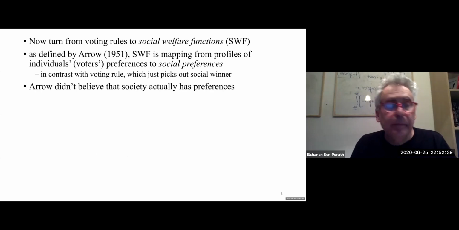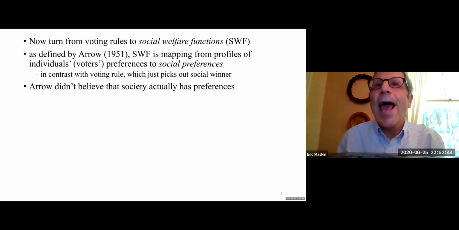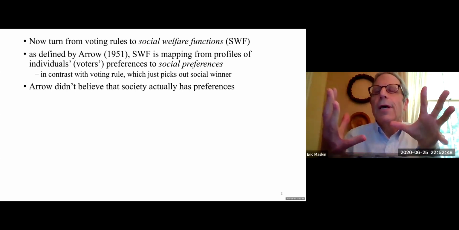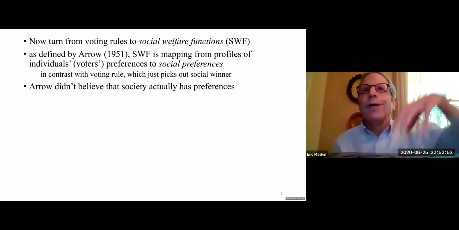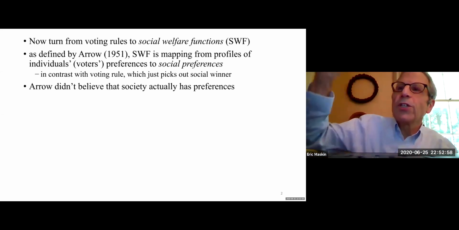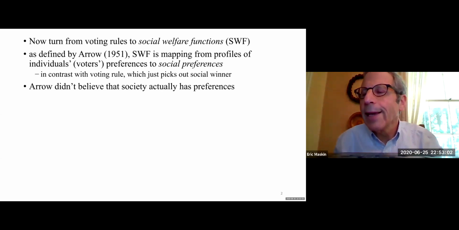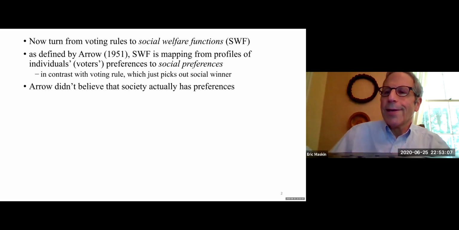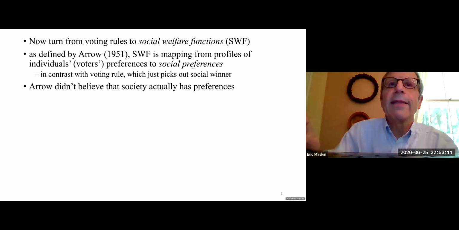Now, of course, Arrow didn't believe that society actually has preferences. In a social welfare function, a profile is mapped to a social ranking of alternatives rather than just picking out a winner. In the social ranking, we shouldn't think that society has a utility function or anything like that.